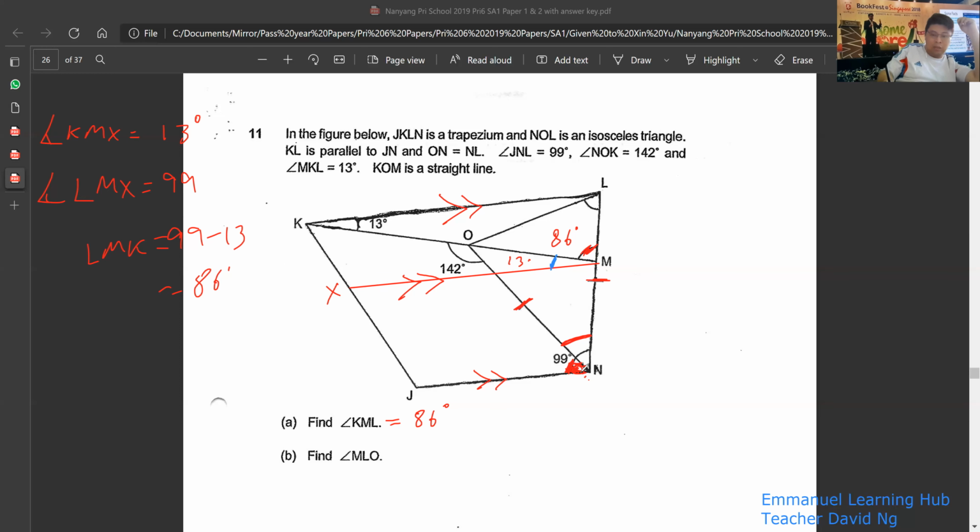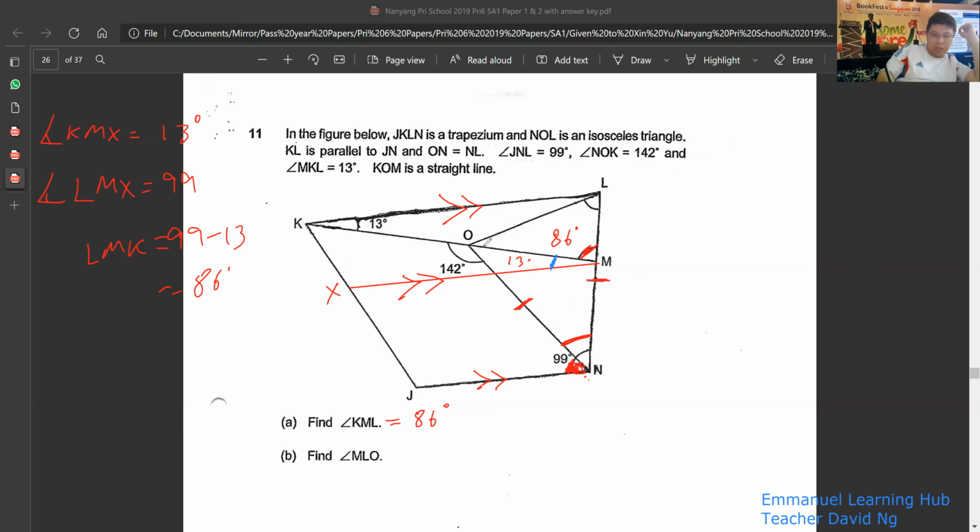Before I can find this angle, okay, let me see. We know this is 86. You know this is 142. Chances are you need to use your 142, correct or not? Yes.